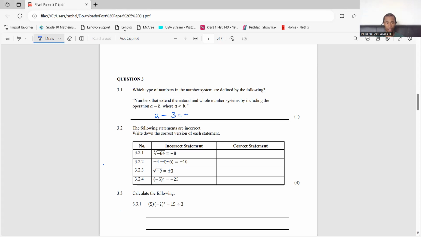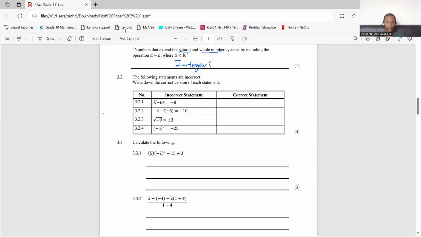So my answer here is -1. They're talking about these type of numbers. For my number system, I know that numbers that include natural, whole numbers and negative numbers are integers. Integers, that's my answer there.